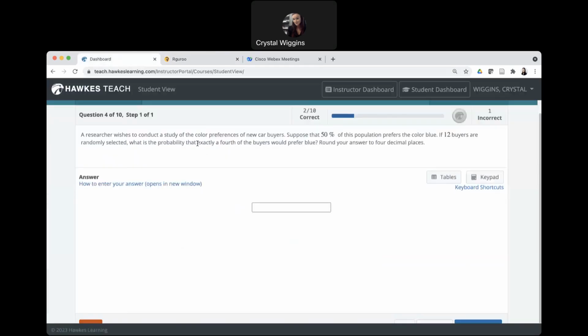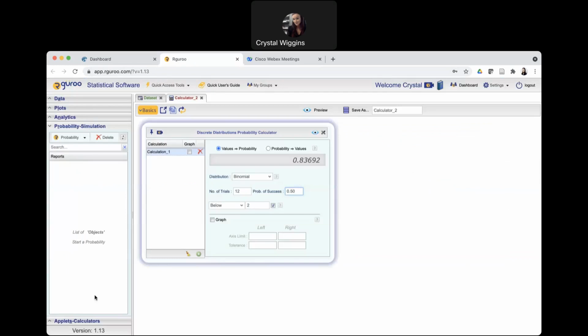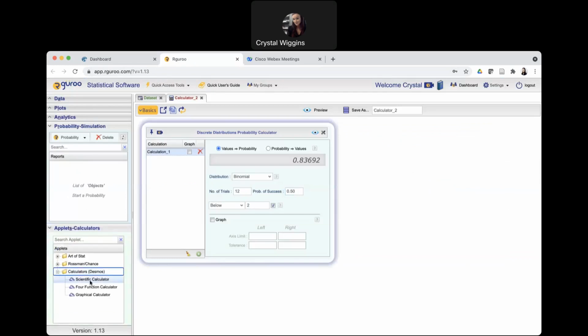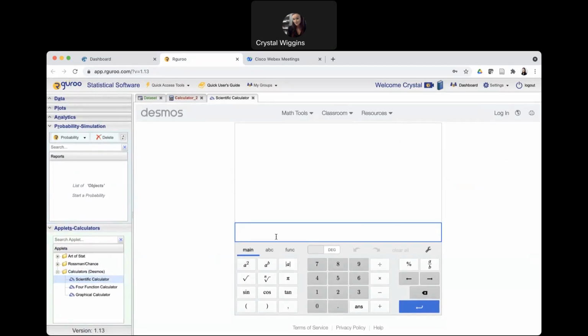And now I have to translate exactly 1/4 of the buyers. First there is a little hidden math here. We have to find out what is 1/4 of 12. So to do that, we have to multiply 1/4 times 12. I'm going to use the calculator inside of our Rguroo to do that. Makes it easier.